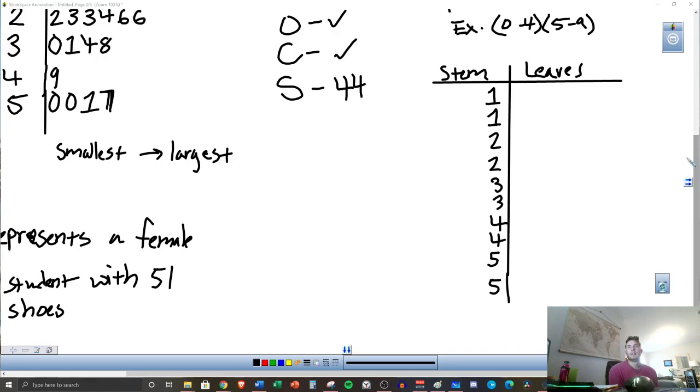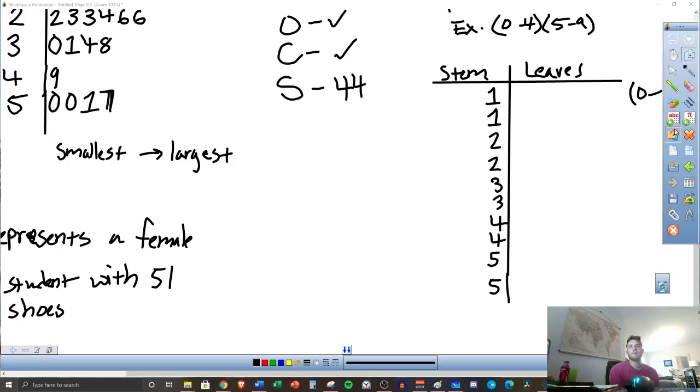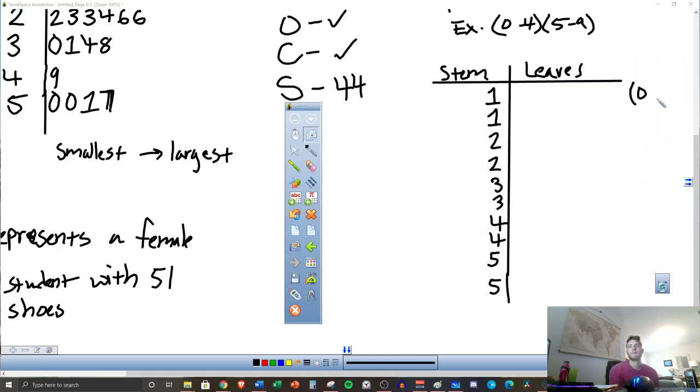Now, each row represents these values. So it'd be 0 to 4, that's 0 to 4. This one's 5 to 9. And then it just keeps alternating. 0 to 4, 5 to 9. And this is just that ones place.